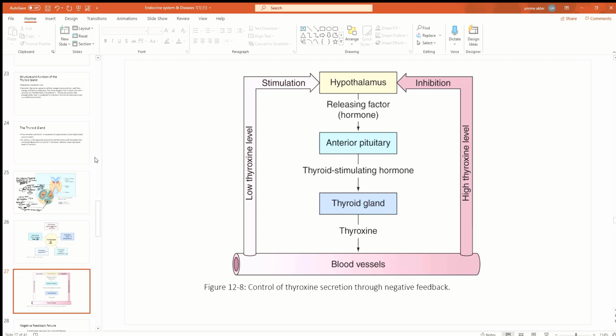So, how does the secretion of endocrine regulation occur? Endocrine hormone secretion is controlled by a negative feedback mechanism.